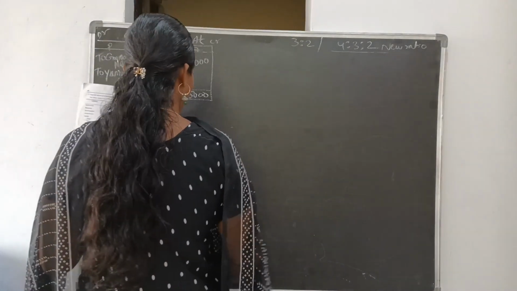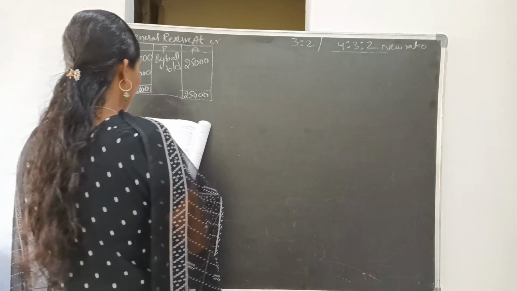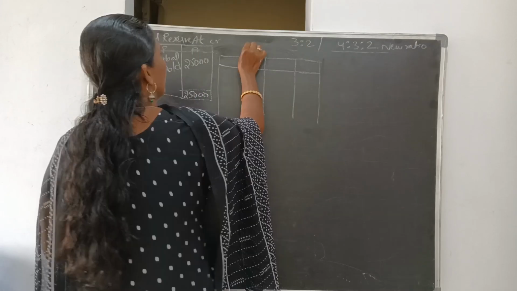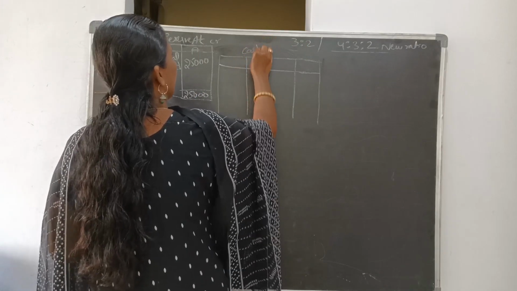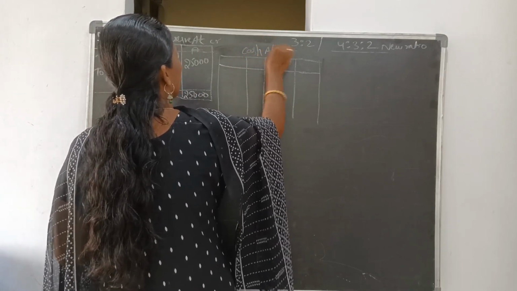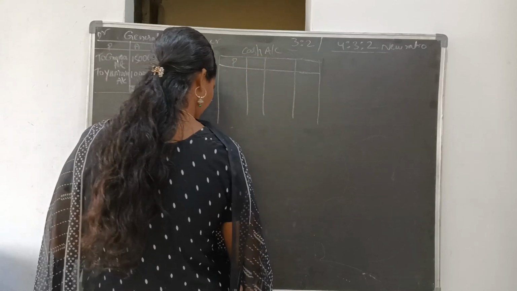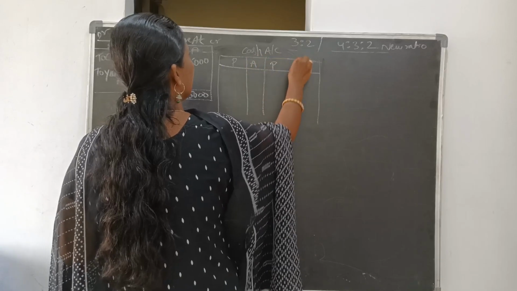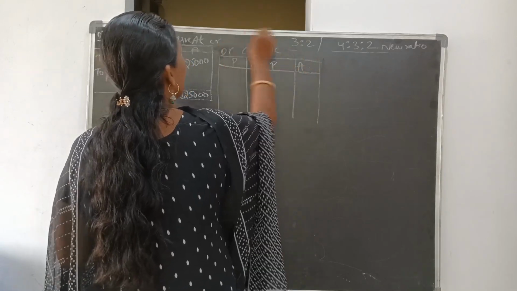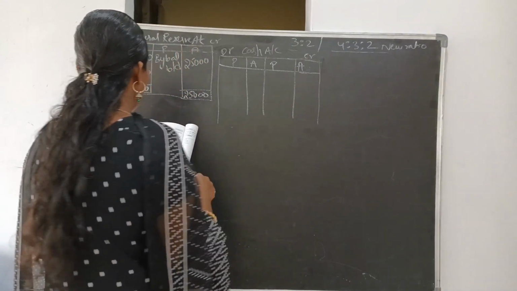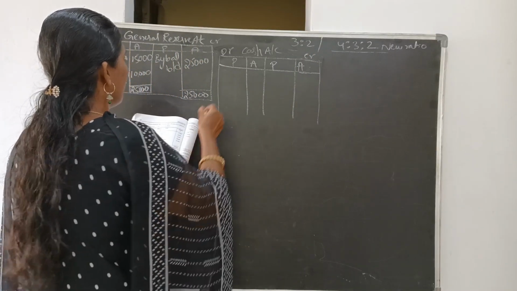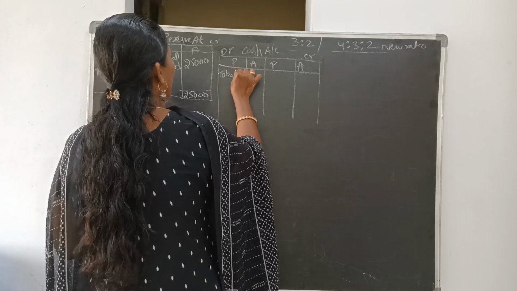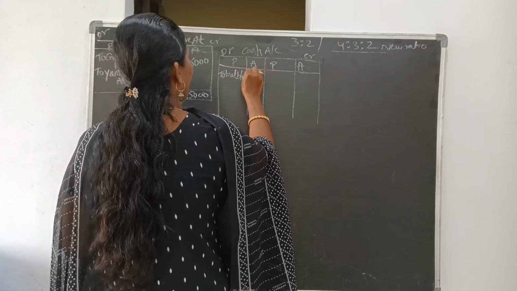Now we are going to prepare the cash account. Write down the head of the account, cash account, particulars, amount. This is the debit side and this is the credit side. What is the opening balance of cash? To balance brought down 12,000.